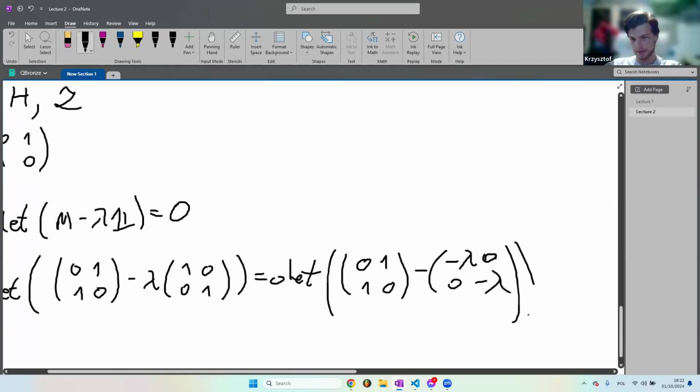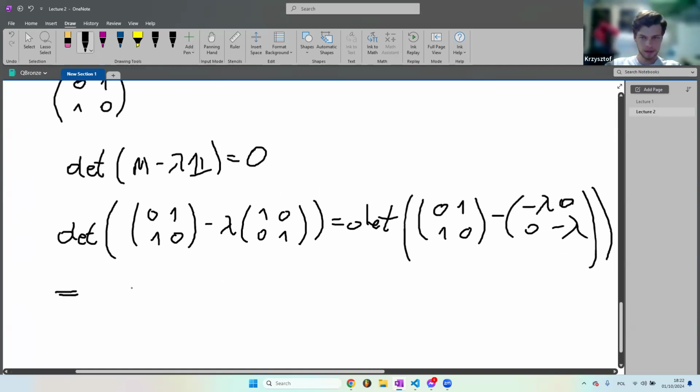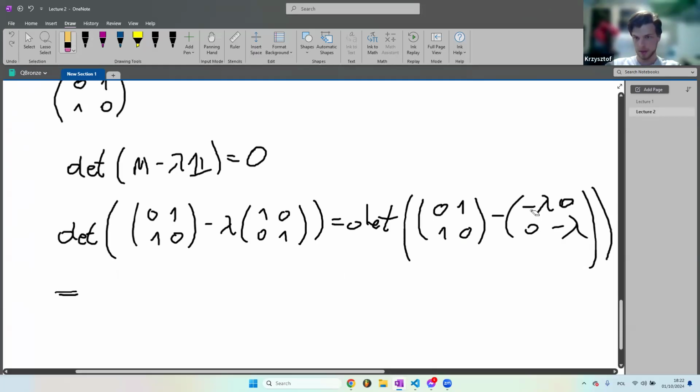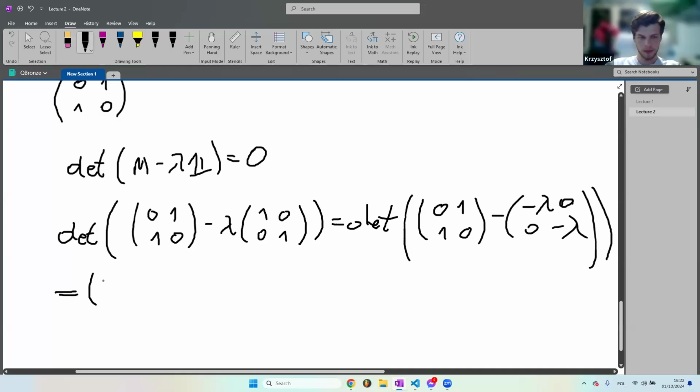Sorry for the inconvenience. Next, we subtract the values in the left matrix from the values in the right matrix. Sorry, here I made a mistake. So we have minus lambda, 1, 1, minus lambda.